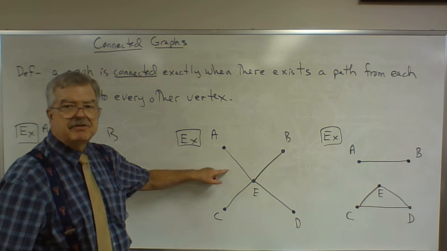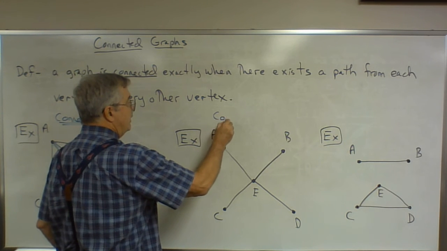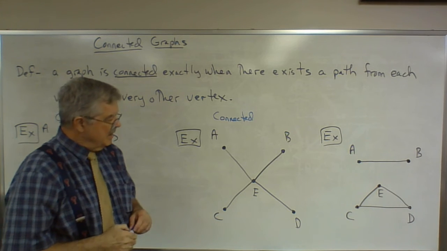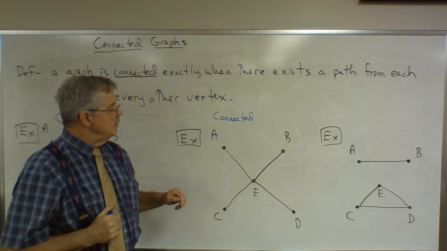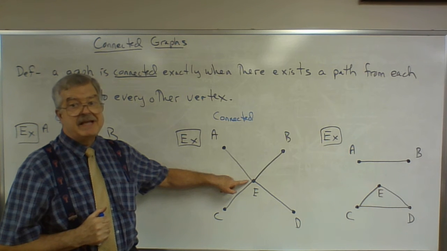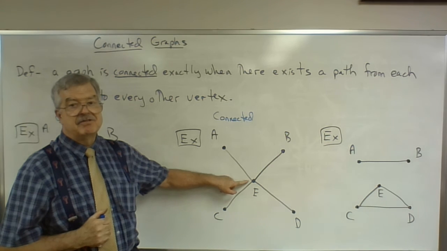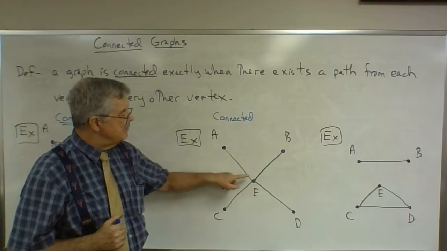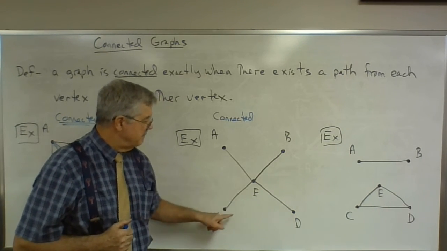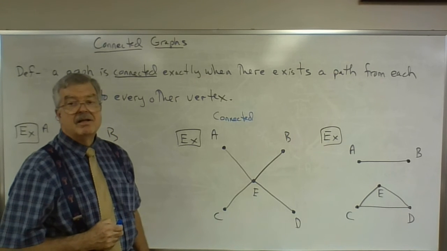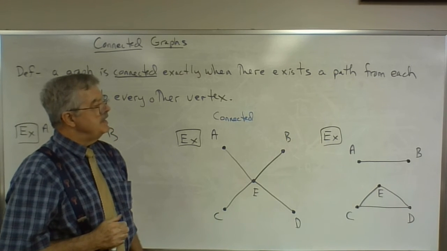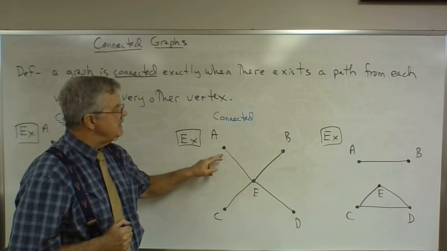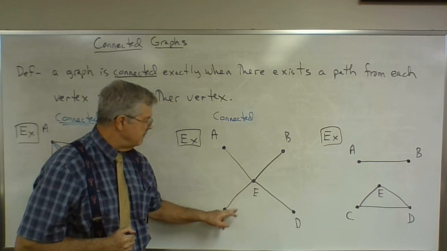What about this? Is this connected? Absolutely. Well, first note that E is connected to every other vertex. There's a path from E to every other vertex in this graph.